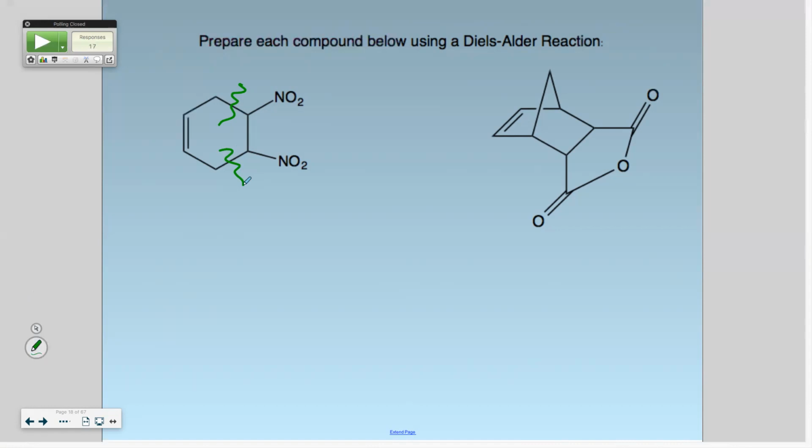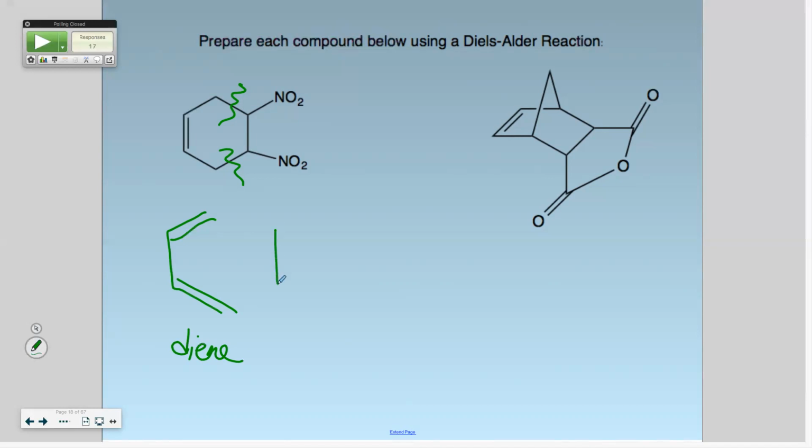Okay, so what will the left side of that ring come from? The diene. Okay, there's your clue. And I'm going to write under here, diene. Okay, what is the right side? Where does that come from?